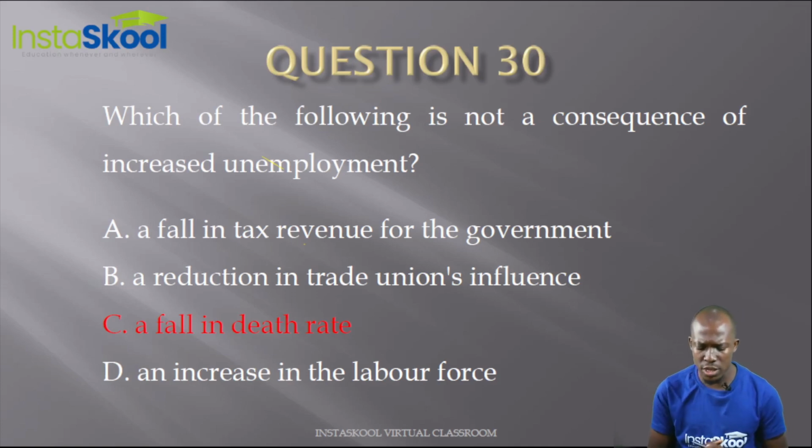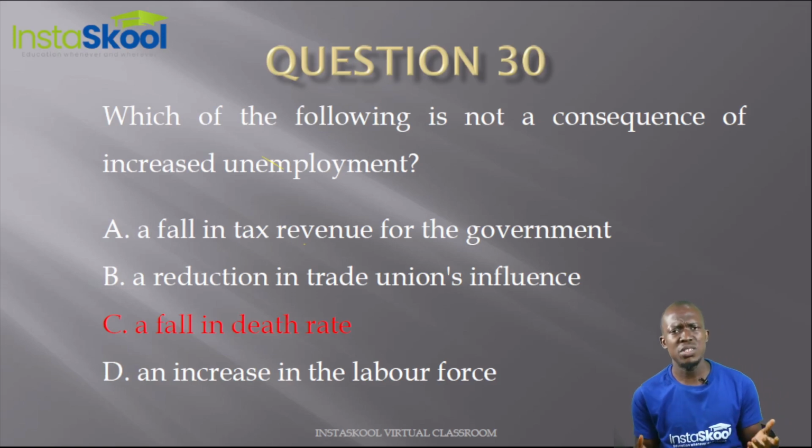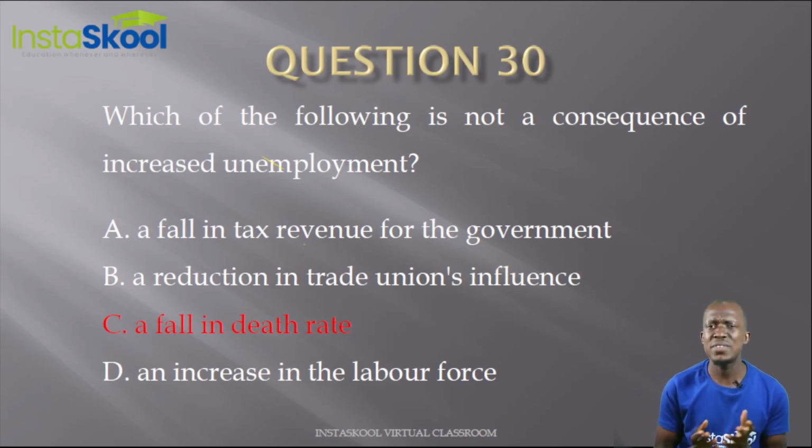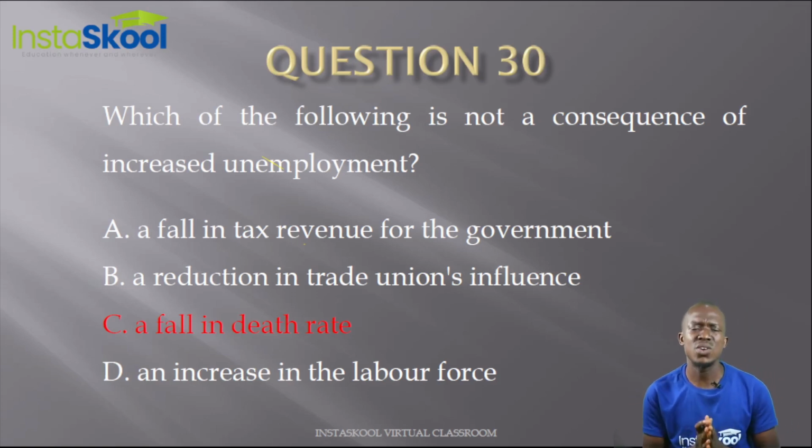Option C says a fall in death rates. People being employed does not have a direct effect on death rates. So that's not a consequence of unemployment. Whether you're employed or not, we are all going to die someday. Option D says an increase in the labor force.